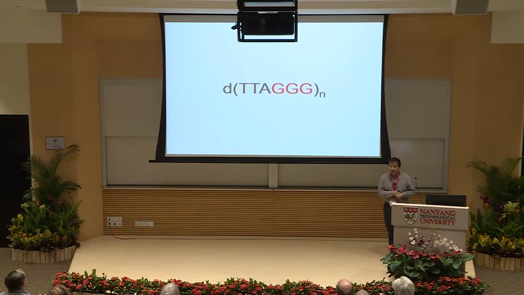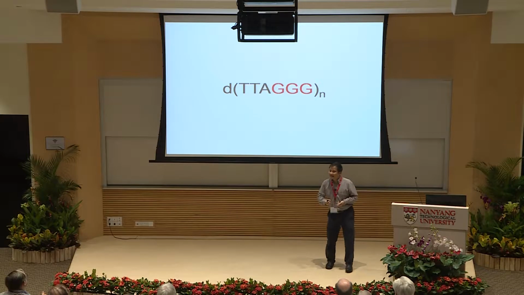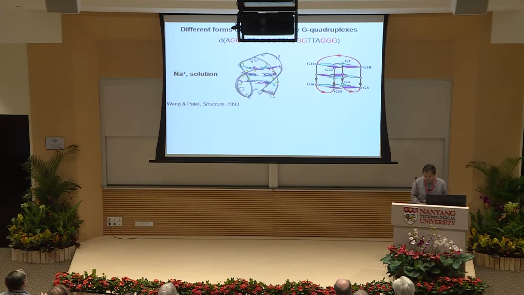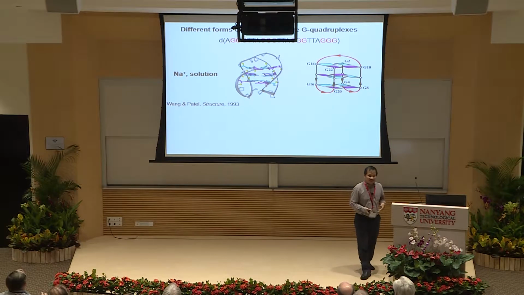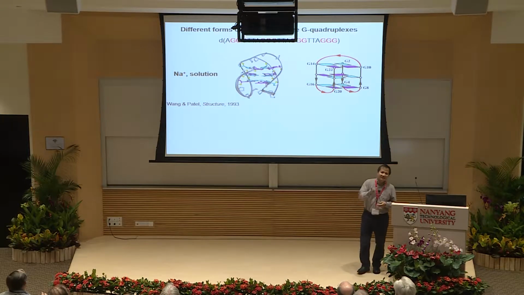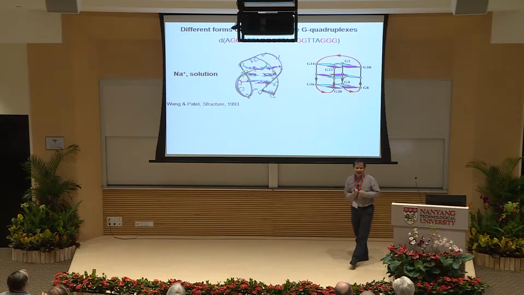And the question we ask is, what's the structure of this sequence? So over 25 years ago, many groups studied quadruplex structures. I think even some pioneers are sitting in the audience here, Daniela Rhodes, who has structures of different species.